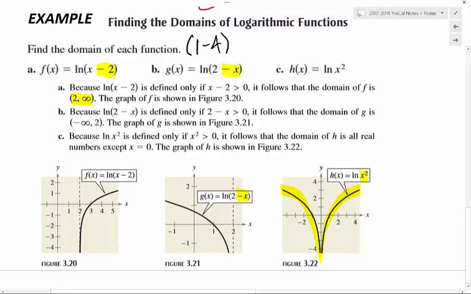So as a result, when I have the natural log of x squared, it gives me two perfectly mirrored graphs. Because if I plug in -1, I'll get 0, and if I plug in 1, I'll get 0. But the only restriction is that x cannot equal 0, because that is a vertical asymptote. Because you can never have the natural log of 0. It is impossible.